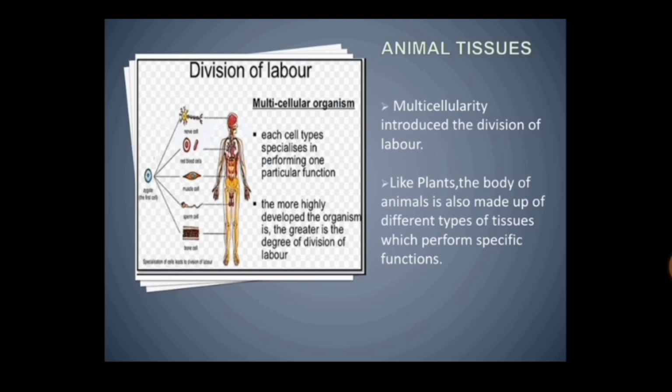That means millions and billions of cells are present inside the body of organisms. So a group of cells come together and perform a specific function. Means each function is assigned to a particular type of cell, right? So this is known as division of labor.